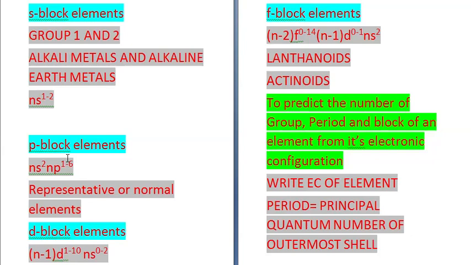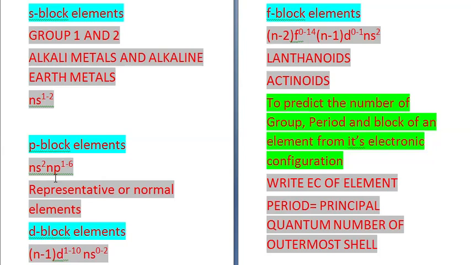So the general electronic configuration will be ns2 np1 to 6, s completely filled. The p orbital can accommodate 6 electrons, so it can be np1, np2, np3, np4, np5 and np6. The only exception here is helium, which is placed there although it does not have its electron entering the p block.